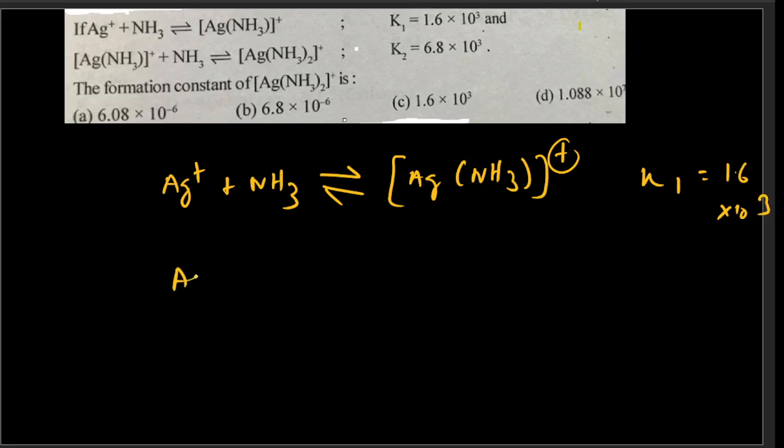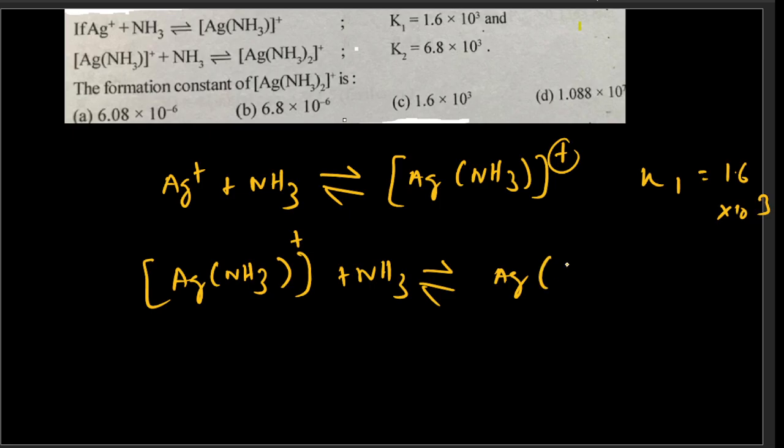And Ag NH3 plus plus NH3 gives Ag NH3 2 plus, and this K2 is given as 6.8 into 10 raised to 3.